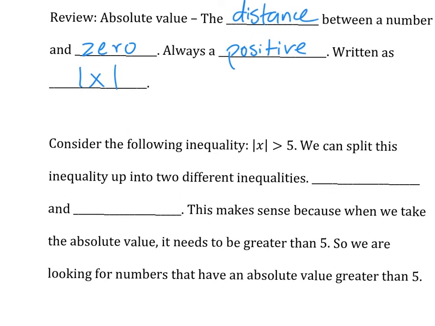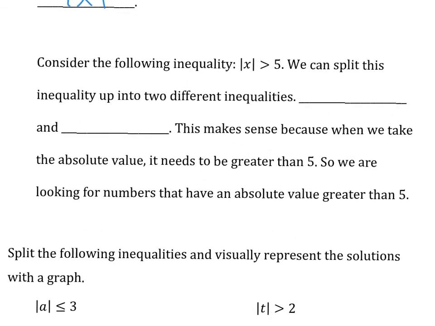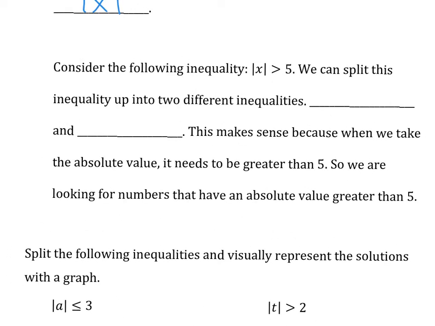So we're going to consider the following inequality. The absolute value of x is greater than 5. We can split this inequality up into 2 different inequalities, just like with equations. Our first one is just as we see it, but without the absolute value sign. So we'll have x is greater than 5.